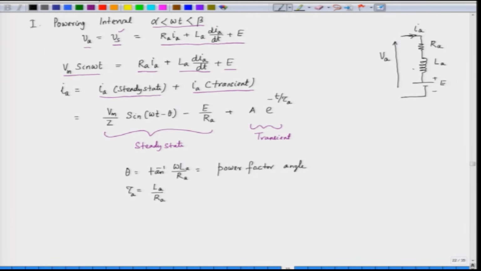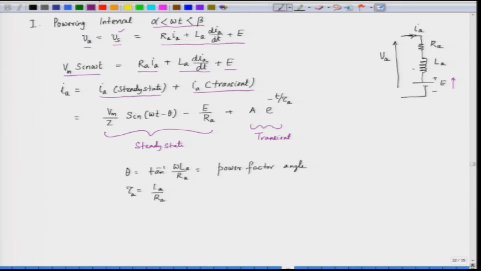One is because of the input voltage VA, which is AC voltage, and the other one is from another source here, that is E, the back EMF. The back EMF opposes the current, because it is trying to drive a current in the opposite direction. So, we have the AC steady state current Vm by Z sin(omega t minus theta), and the DC current opposing this current IA, which is minus E by RA.